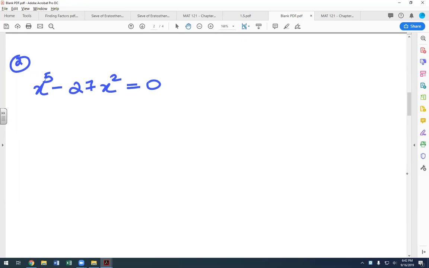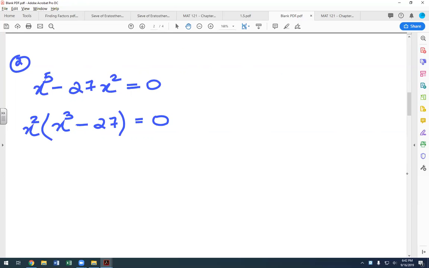So what can we factor from these two terms? X squared. Yeah, I've got 5 of them here, I've got 2 of them here. Bring out that x squared, which will leave me behind with, yeah, very good, x to the 3rd minus 27 equal to 0. What can I do next?